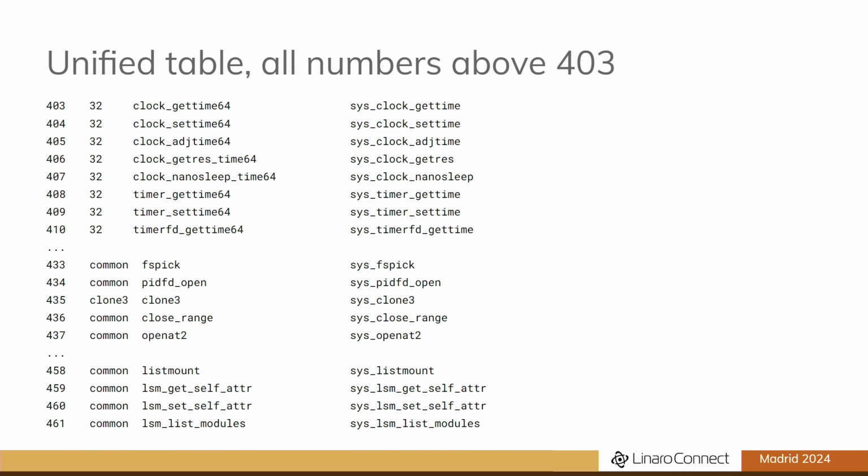So we have one file that starts at number 403, and that then gets used by all the architectures. There's minor complications, like clone 3 is currently implemented on all but 3 architectures. I'll probably have to enforce that the system call exists, but then on those 3 architectures it just returns an error until those get fixed. And we just fixed alpha.